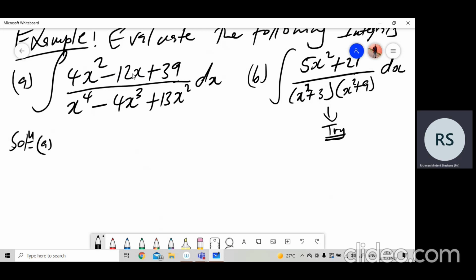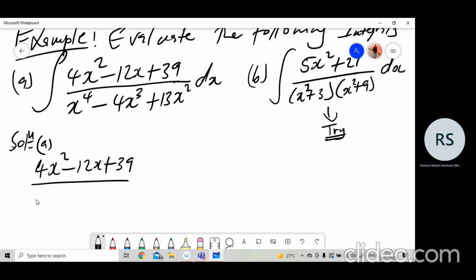In the first recorded lecture, I showed you how to use long division. So here, first, let's take this expression, x squared minus 12x plus 39 over the denominator, and put it into partial fractions before we integrate. The denominator should be factorized completely before you put it into partial fractions.